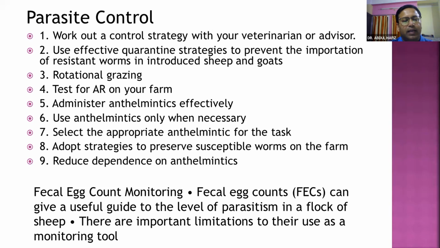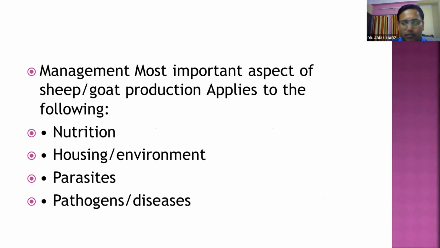And through fecal egg count monitoring we can also practice on the farms. That means without the fecal egg count, that means FECRT, we should not give the drugs. Regular monitoring is a very important management.